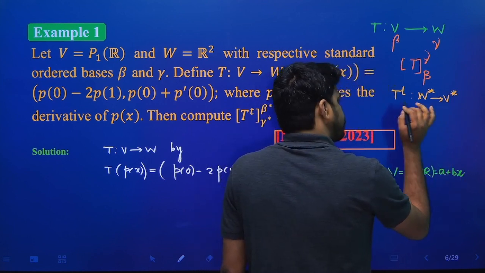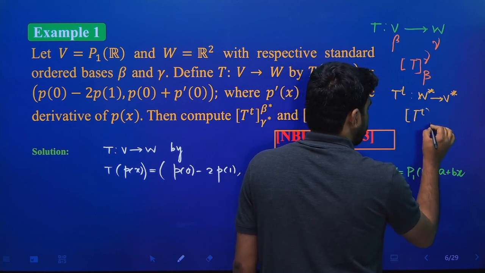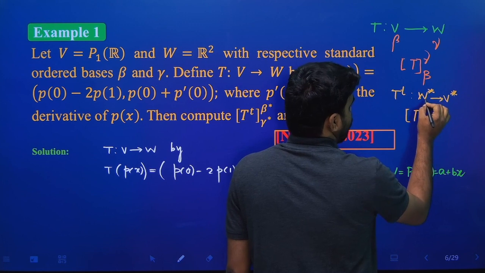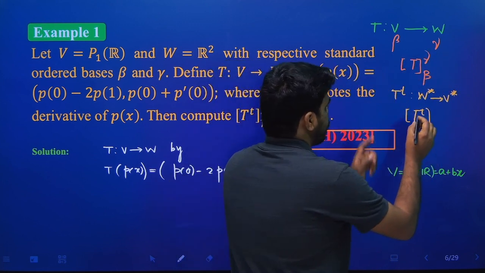Okay, so here T transpose, right? So what will be the basis of W star? Gamma star, right?